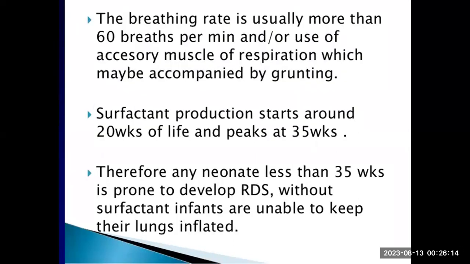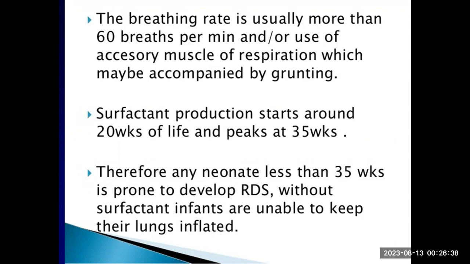In these children, the breathing rate is usually more than 60 breaths per minute, and or use of accessory muscles of respiration, which may be accompanied by grunting, a very loud sound from the lungs.